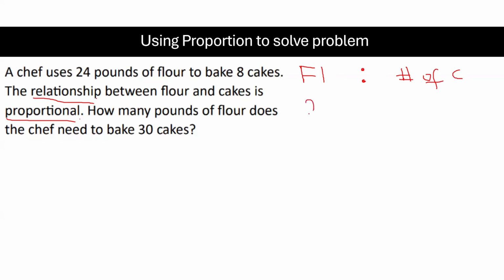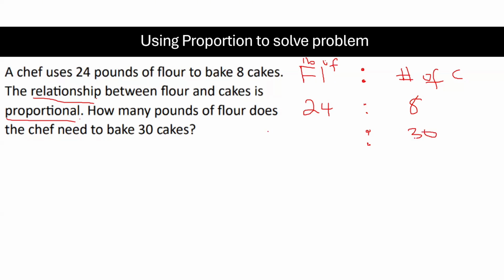For 24 pounds of flour, how many cakes did the chef bake? 8. So it's 24 to 8. Now, how many pounds of flour does the chef need to bake 30 cakes? When you're writing your ratio, make sure you put the same quantity under each other. For example, here I'm putting cake under cake and flour under flour.